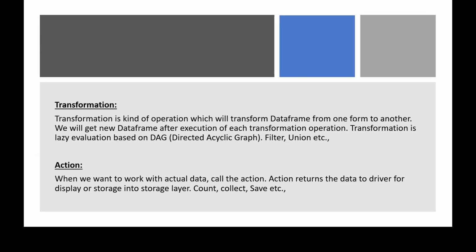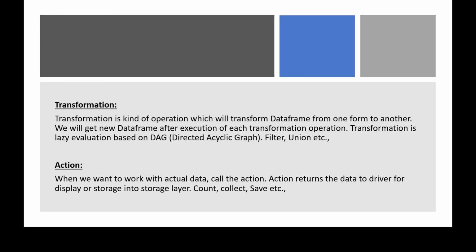So let us understand it like this. Let's say in Spark programming, there are 10 different commands. Let's say the first 9 commands are transformations and the 10th command is an action. When we execute the first 9 steps, it's lazy evaluation. The Spark engine only produces the logical plan and creates the directed acyclic graph.